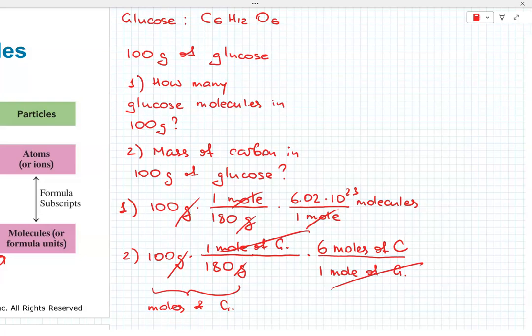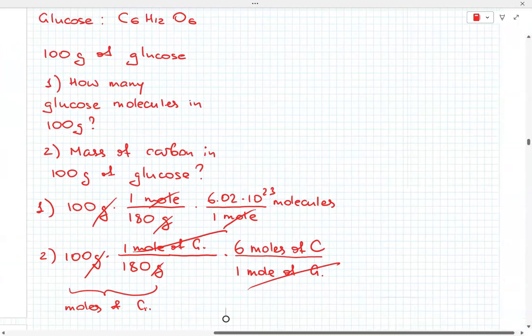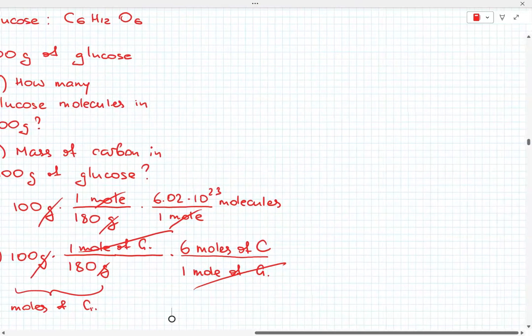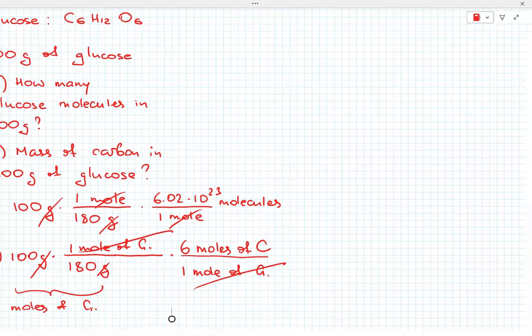Now we have to get from moles of carbons to grams of carbons. So which conversion factor do we have to use? Molar mass of carbon. So what goes on the bottom? 1 mole of carbon has a mass of carbon.